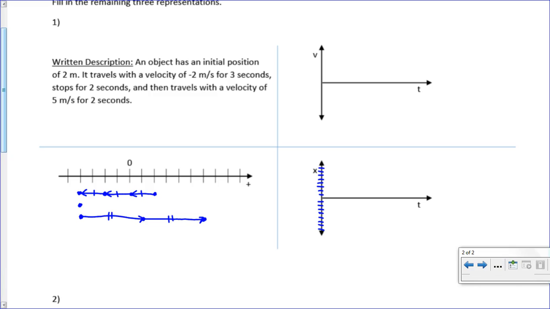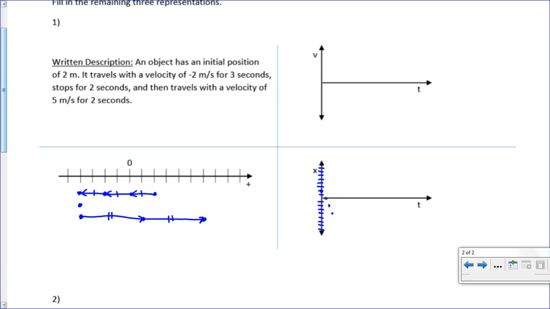So it starts off at positive 2 at time 0. Then the next second it's at 0. And then the next second it's at negative 2. And then the next second it's at negative 4.